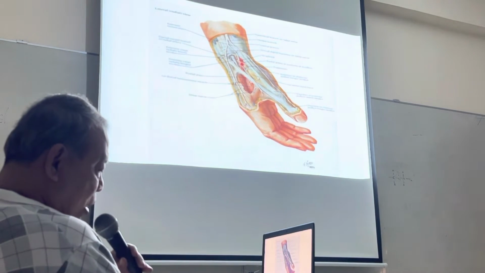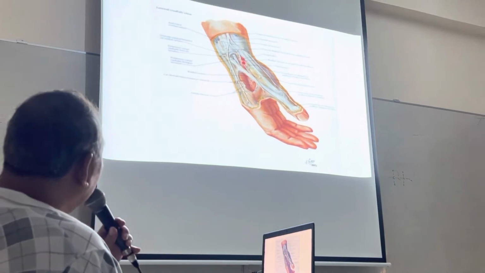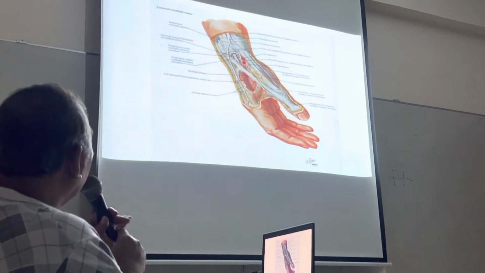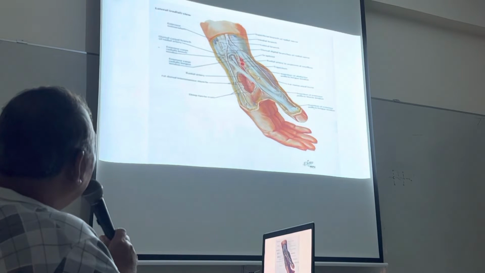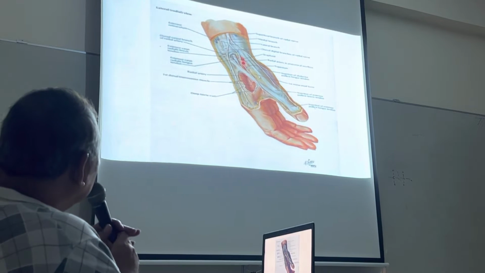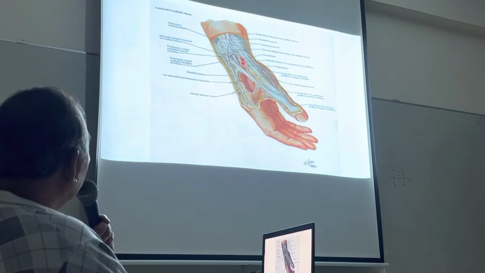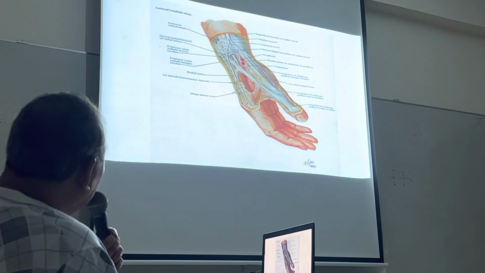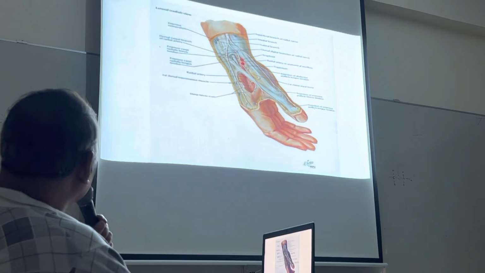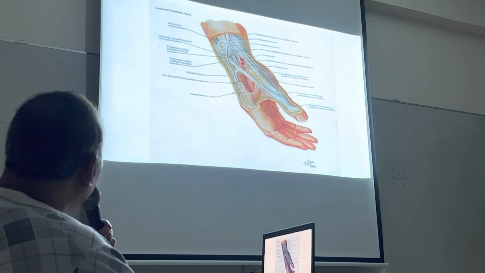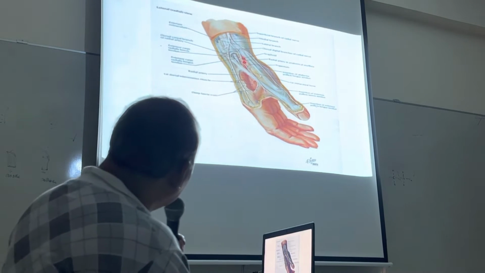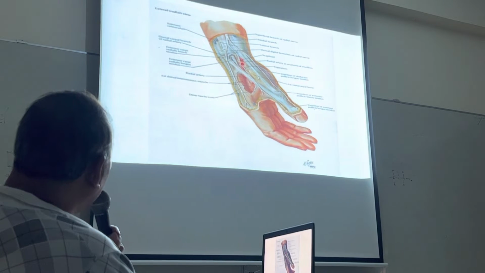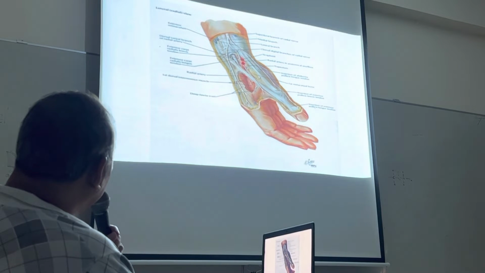So the lateral boundary of the anatomical snuff box is the abductor pollicis longus and the extensor pollicis brevis. While the medial boundary is only one, that is extensor pollicis longus. Can you see that? Insertion?